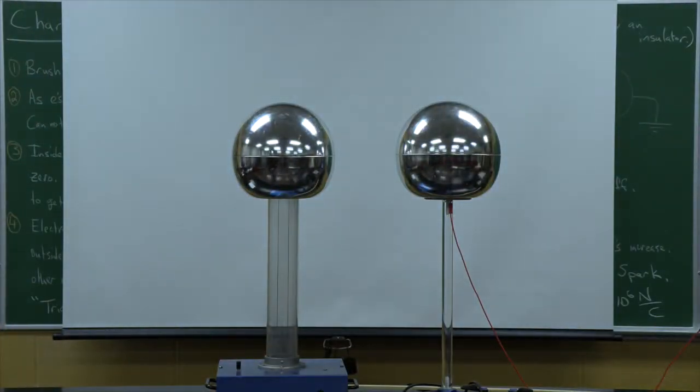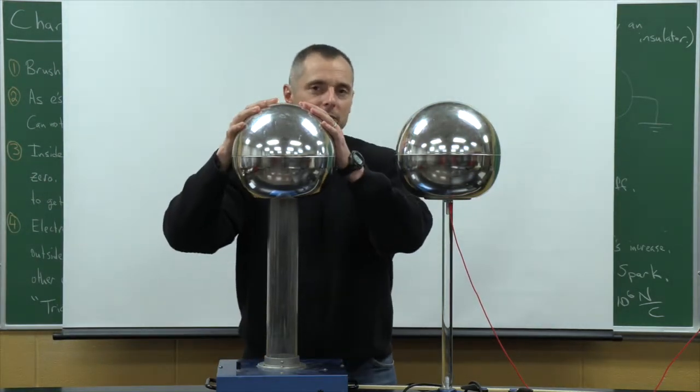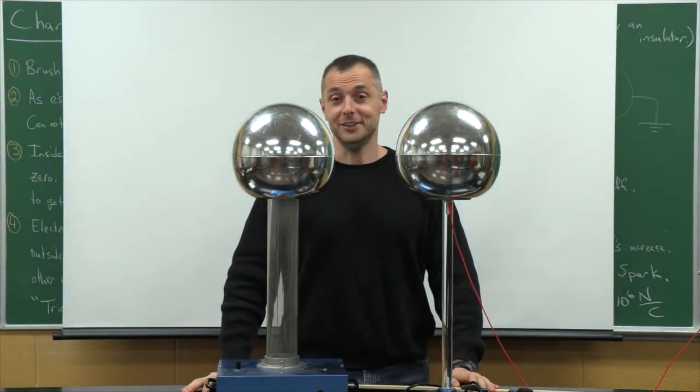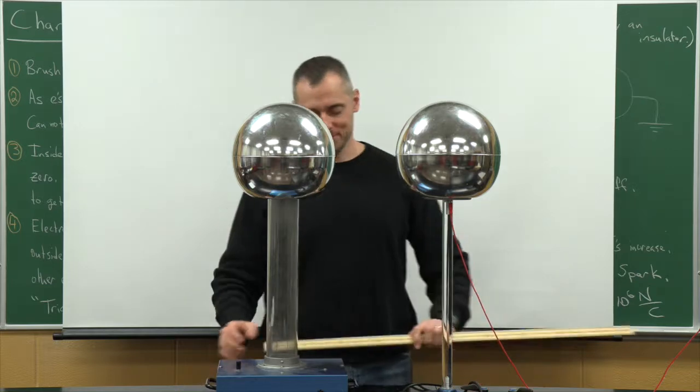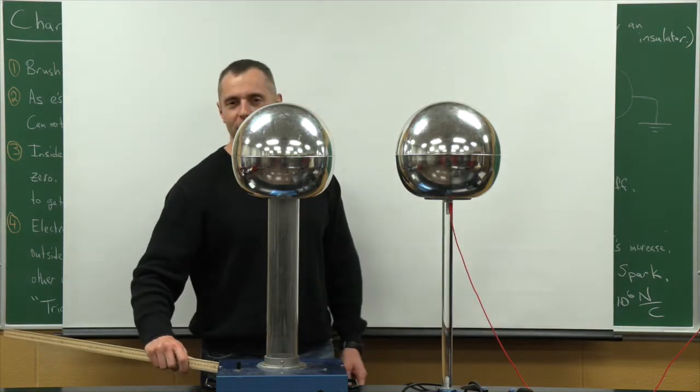What I'm going to do now is use these 2 metal spheres. This is called a Van de Graaff generator, to demonstrate those principles in action in pretty dramatic form. So you've probably seen this already, but it's fun watching it again.